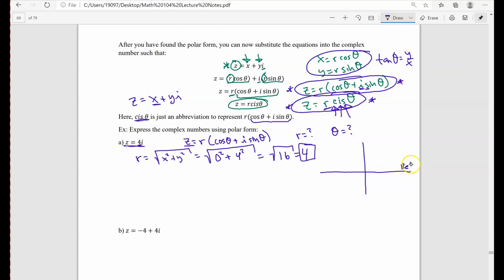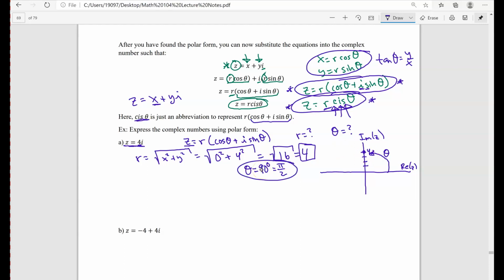Here is the real part, here is the imaginary part, and 4i is going to be right over here. What is this angle theta? It's a 90-degree angle. So theta is equal to 90 degrees, or pi over 2. Let's keep it in radians, so it's pi over 2.